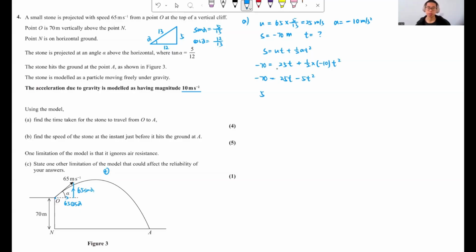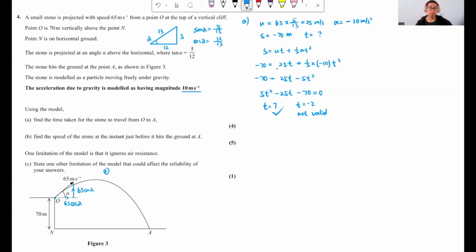Then move everything to one side: 5t squared minus 25t minus 70 equals 0. Put into the calculator 5, negative 25 and negative 70. We have t equal to either 7 or negative 2. Clearly negative 2 is not valid because time cannot be negative, so t equal to 7 is our final solution.